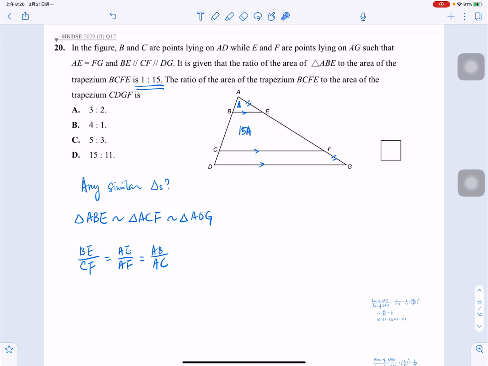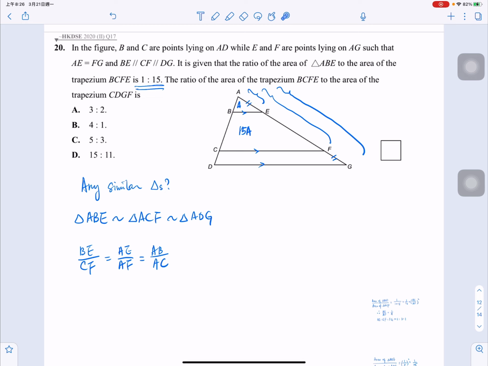So how to find out the area of the two trapeziums? Actually, think about this. Do you know AE, AF, and AG? The sizes of the three triangles, not only the parts AE and then EF and then FG.